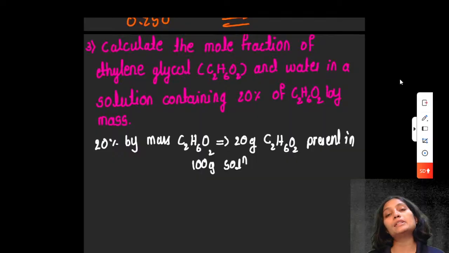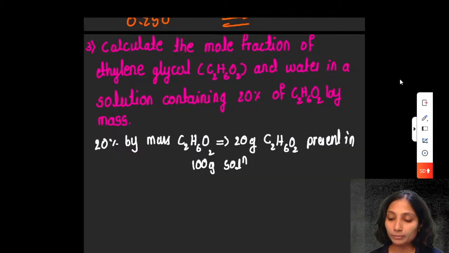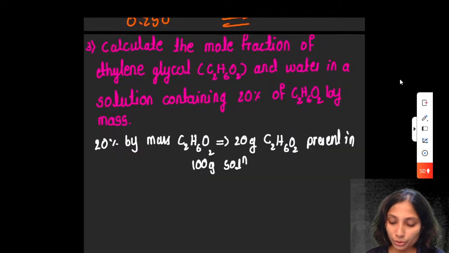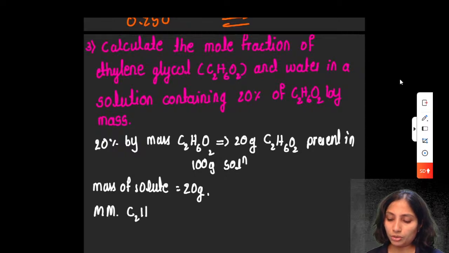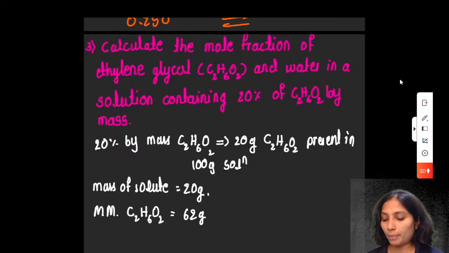That's why we discussed mass percentage in the beginning. Solute is ethylene glycol, 20 gram, and molecular mass of C2H6O2 is equal to 62 gram per mole.